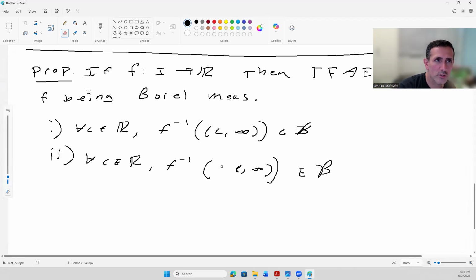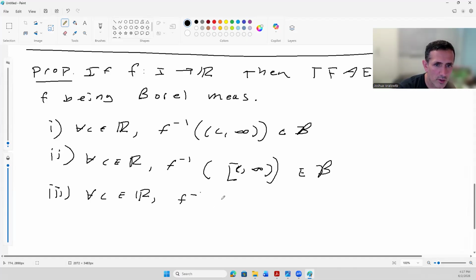We'll go about functions included: (minus infinity, C) is Borel, and so on.